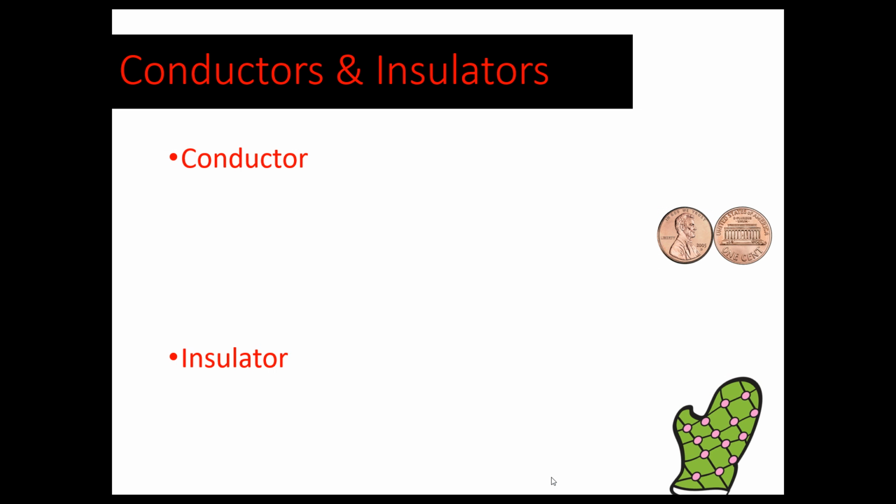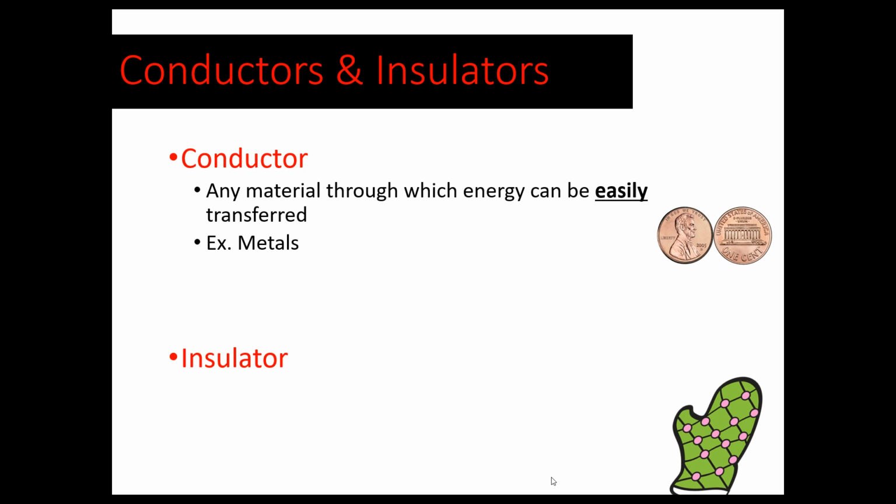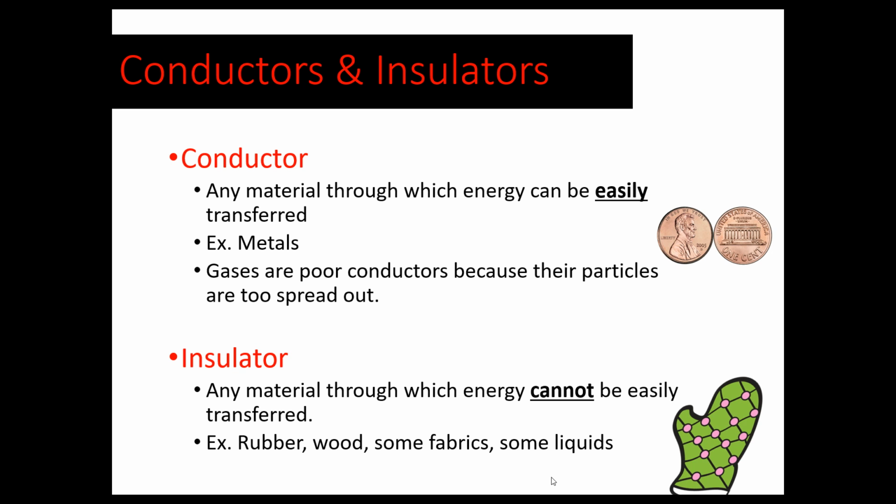Another thing I want to point out here while we're talking about heat energy is the difference between conductors and insulators. We touched upon conductors and insulators when we talked about electricity, but now we have a definition. So, conductor: any material through which energy can be easily transferred. An example would be metals. Metals are great conductors of heat and electricity.